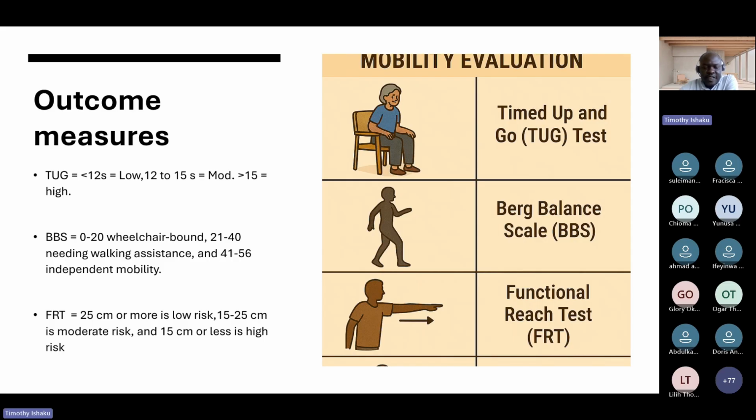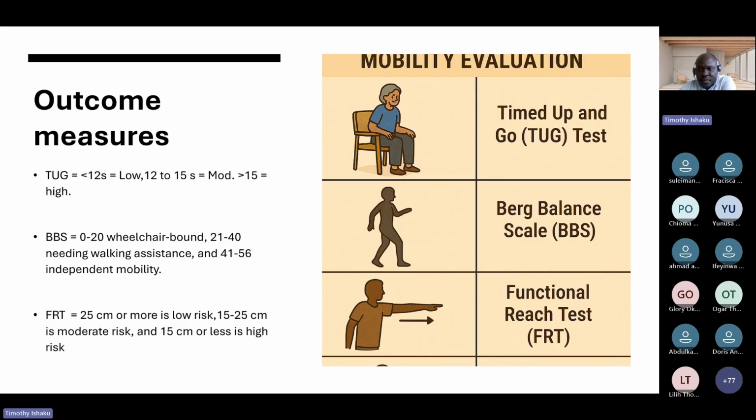So it assesses your stability and balance during the forward reach. And the scoring is on the screen. Low risk, and if you can do the full 25 centimeters, brilliant. But if not, then it categorizes your risks.